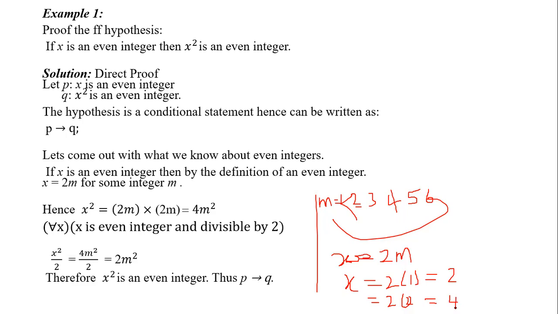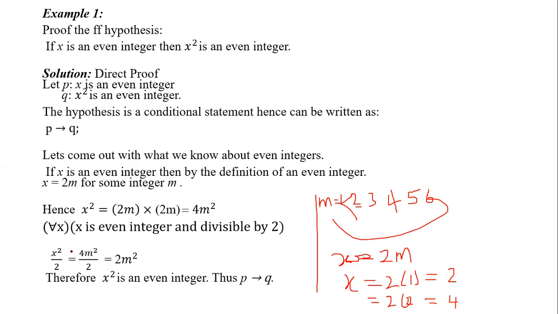When m is 3, we get 6. So we can say that we define the even integers as 2m, where m is any positive integer. That will give an even integer.